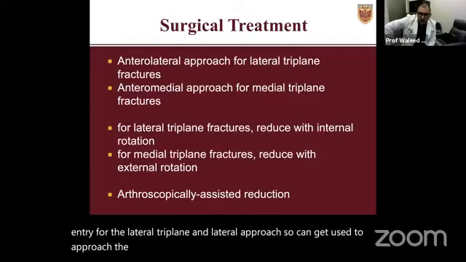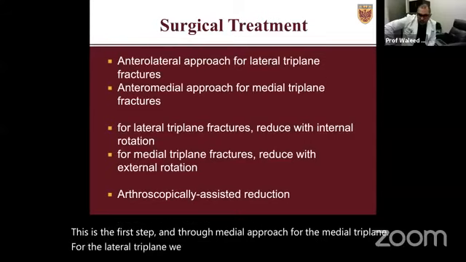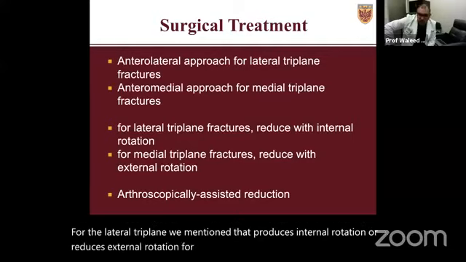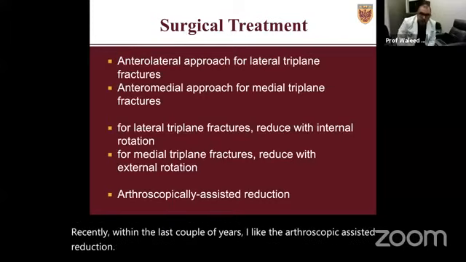This is the first step. Anteromedial approach for the medial triplane. For the lateral triplane, we mentioned that we reduce with internal rotation; we reduce with external rotation for the medial triplane. Recently, within the last couple of years, I like the arthroscopic assisted reduction, and I will show a case soon.